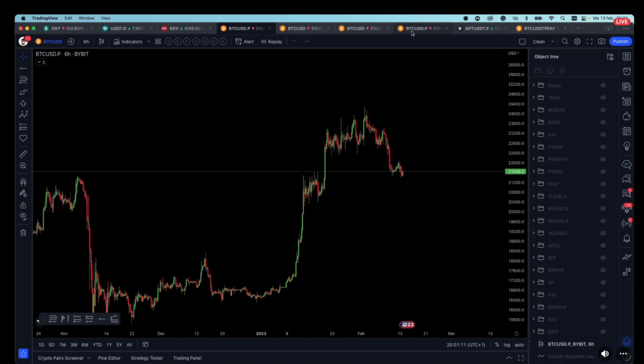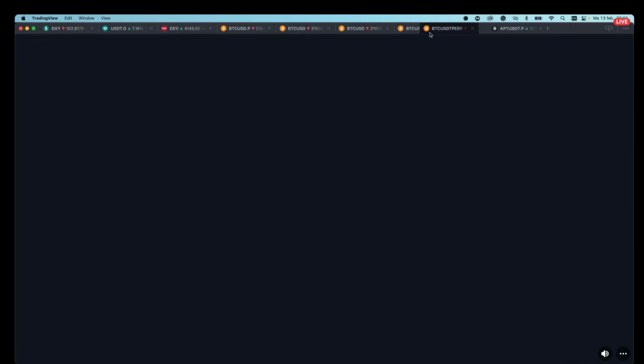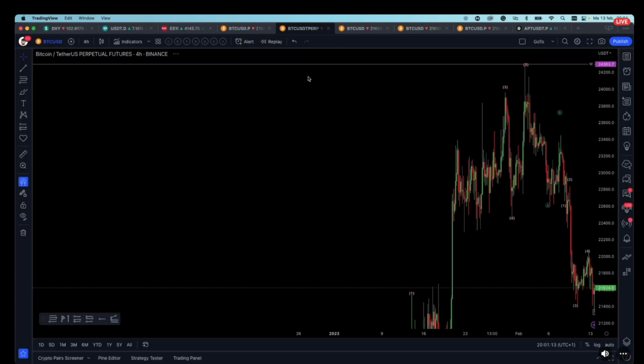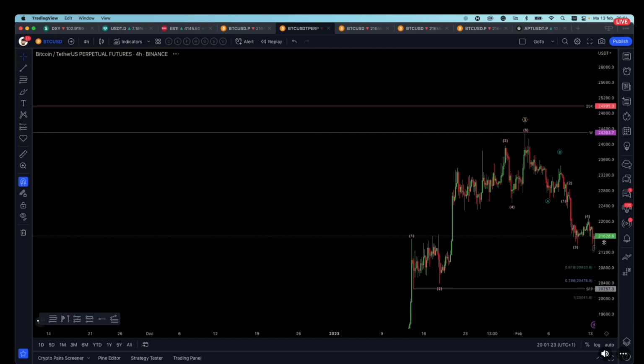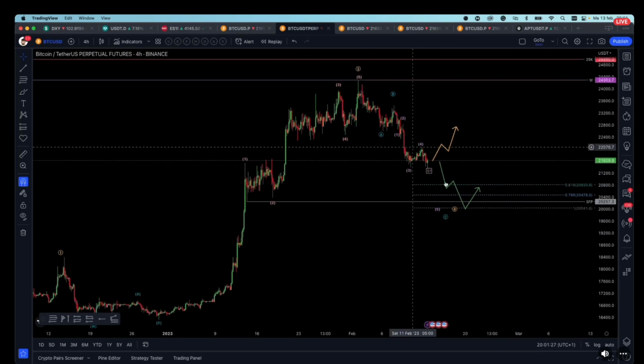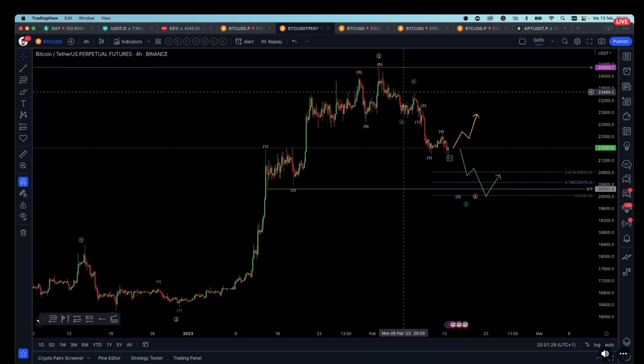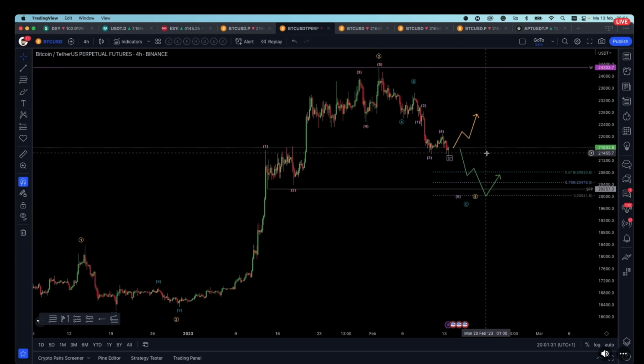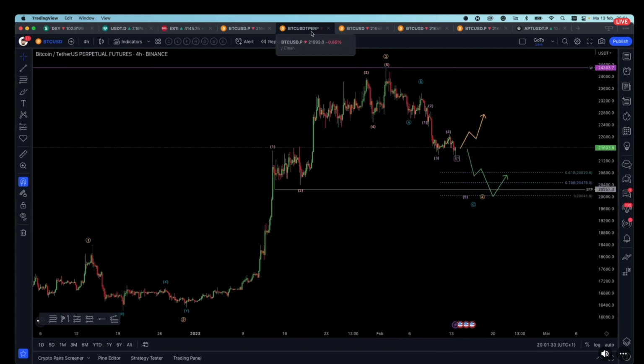I use this one, BTC USDT perpetuals, for Elliott wave. So that was another Elliott wave count that I have, A, B, 1, 2, 3, 4, 5 lower. So I use BTC perpetuals for my Elliott wave.